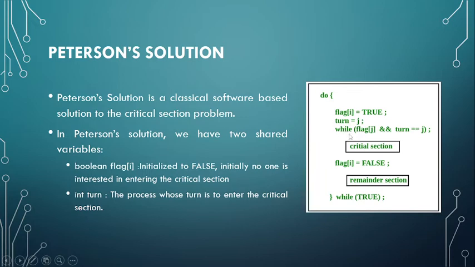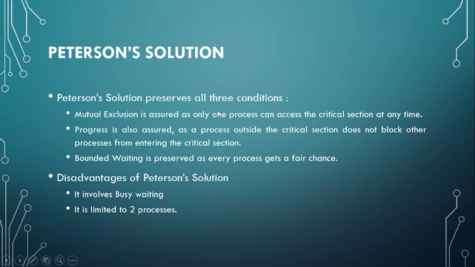This is Peterson's solution, and Peterson's solution preserves all 3 conditions: mutual exclusion, progress, and bounded waiting. Mutual exclusion is assured as only one process can access the critical section at a time.